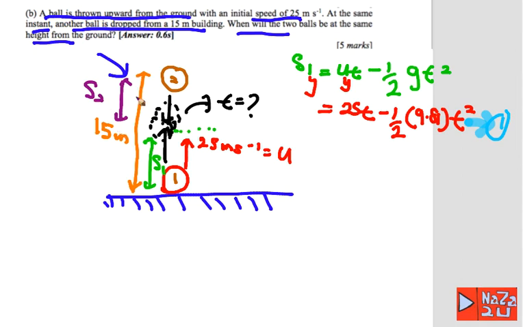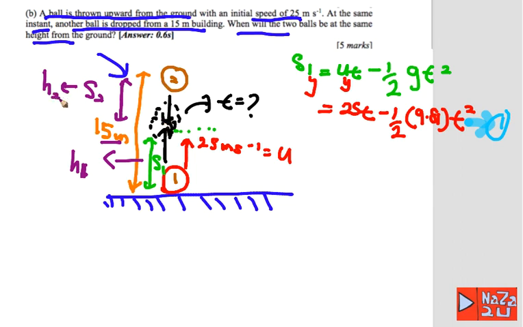I use H1 for the height of ball 1, and H2 refers to the height of object 2 from the top to the point here.